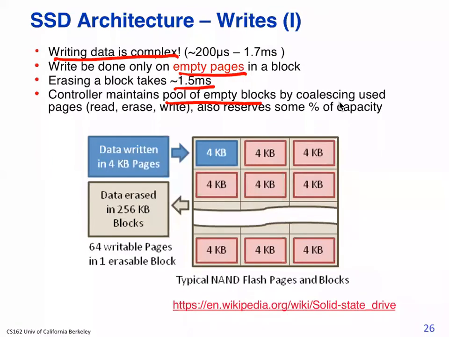For example, if this block is available, and 4K data, one page, is to be written, and since all pages are available, it can be written here. Now let's assume that another page comes to be written, it can be written here and so on. Okay, this is simple.